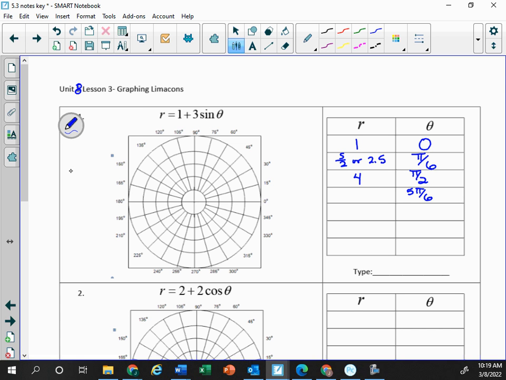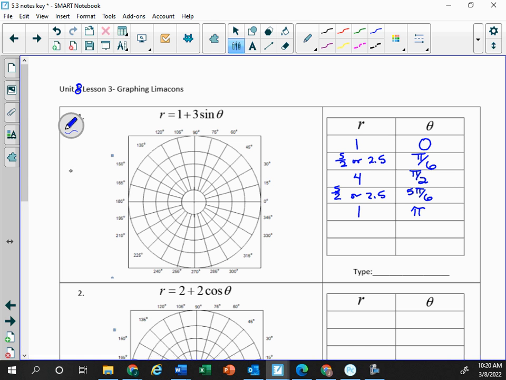What's the sine of 5 pi over 6? 1/2. So what do I get for r? Okay, 5 over 2 or 2.5. Then we'll go ahead and do pi. That's an easy one. What do I get there? A 1. Okay, sine of it is 0, so I end up with an r of 1.